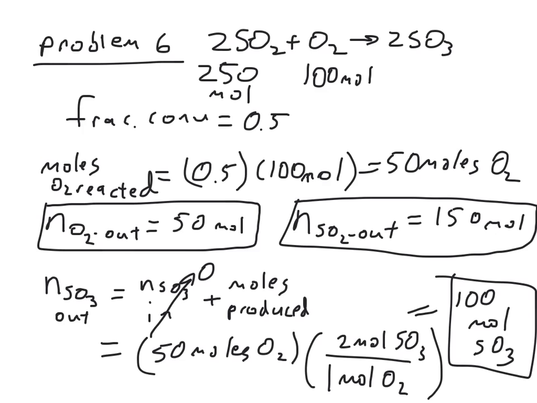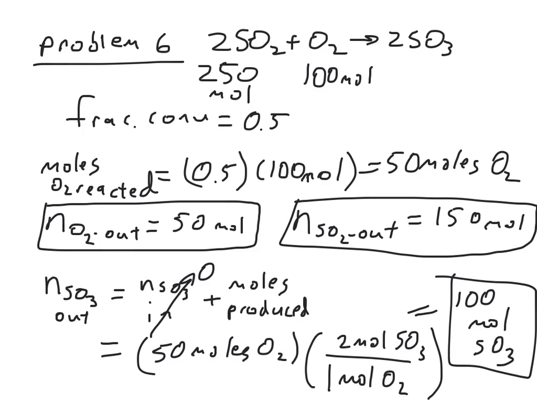Again, I just use the number of moles of O2. If 50 moles of O2 react, that produces, in a 2 to 1 ratio according to the reaction equation, a total of 100 moles of SO3. And since there's no inlet, the amount of moles produced is how much is coming out, 100 moles SO3. And that's how we go about solving these types of problems.